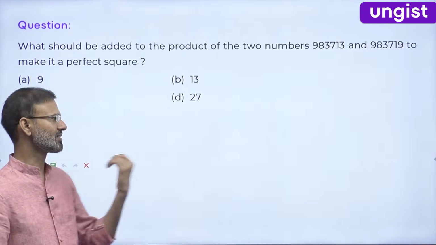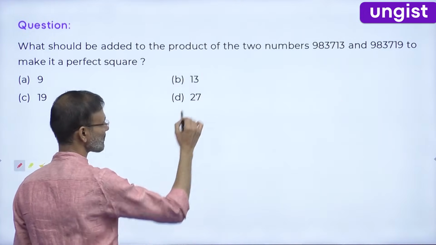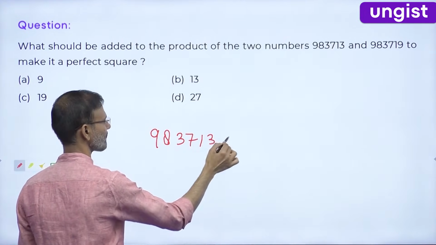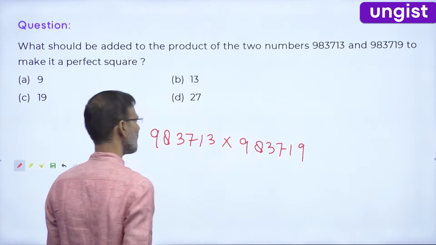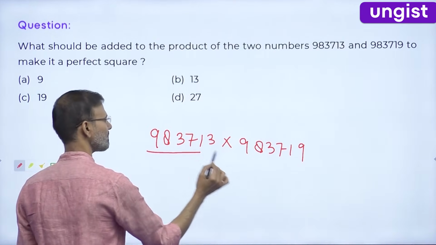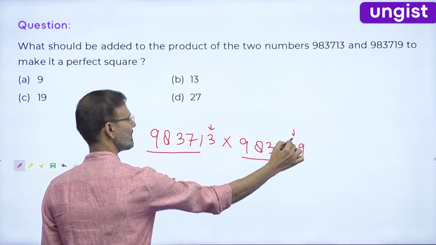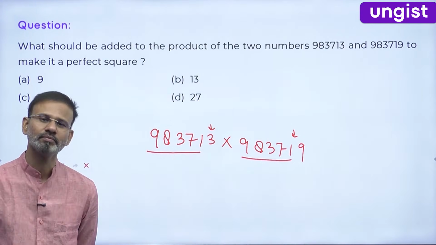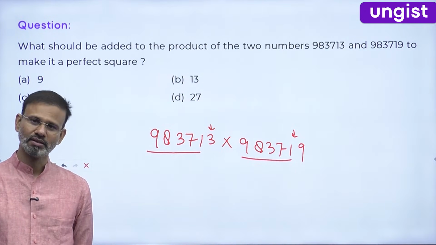Everybody look at this. मुझे ये बताइए, ये इतना बड़ा जो नंबर लिखा हुआ है क्या लिखा हुआ है? 983713 into 983719. See everyone, 9871 is same. 9871 is same. Only 3 and 9. What will be the average? 3716. Yes.